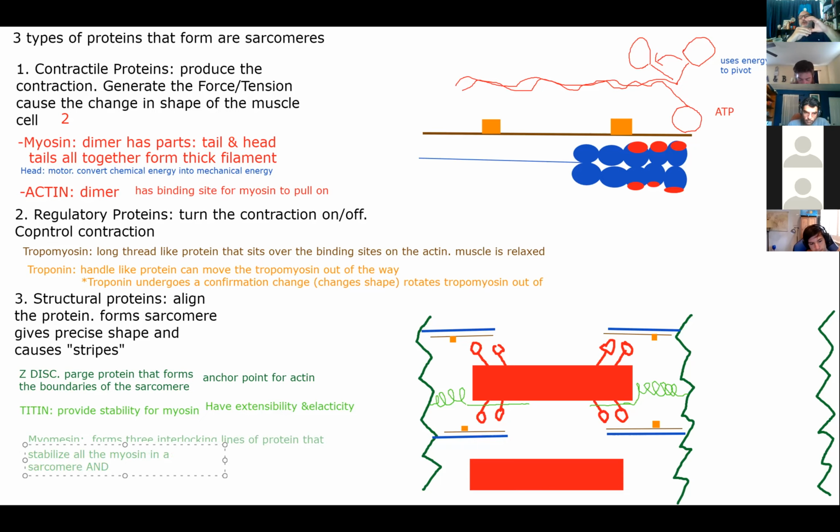Because remember, one of the things we saw is not only are the proteins perfectly aligned in one cell, but they're also perfectly aligned to the proteins of the cell next to it.